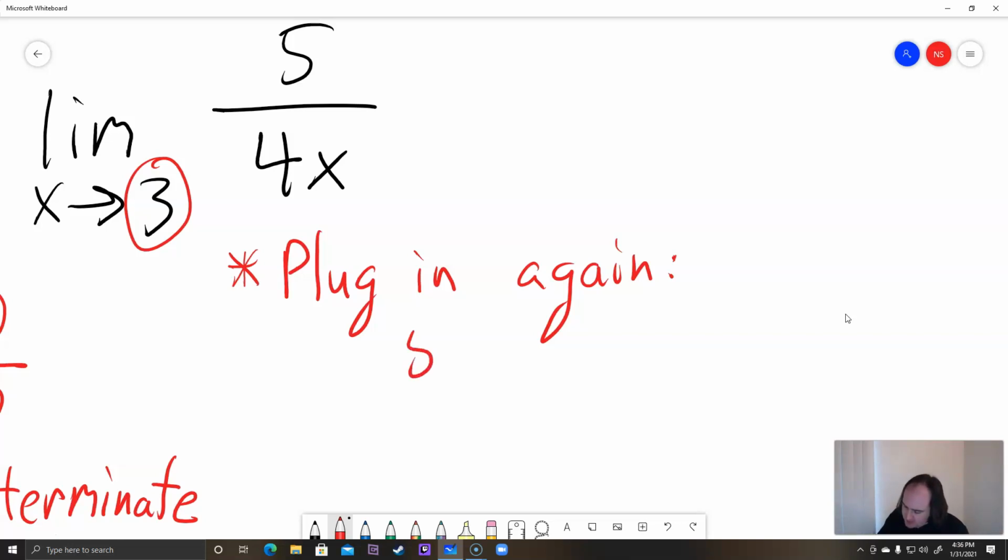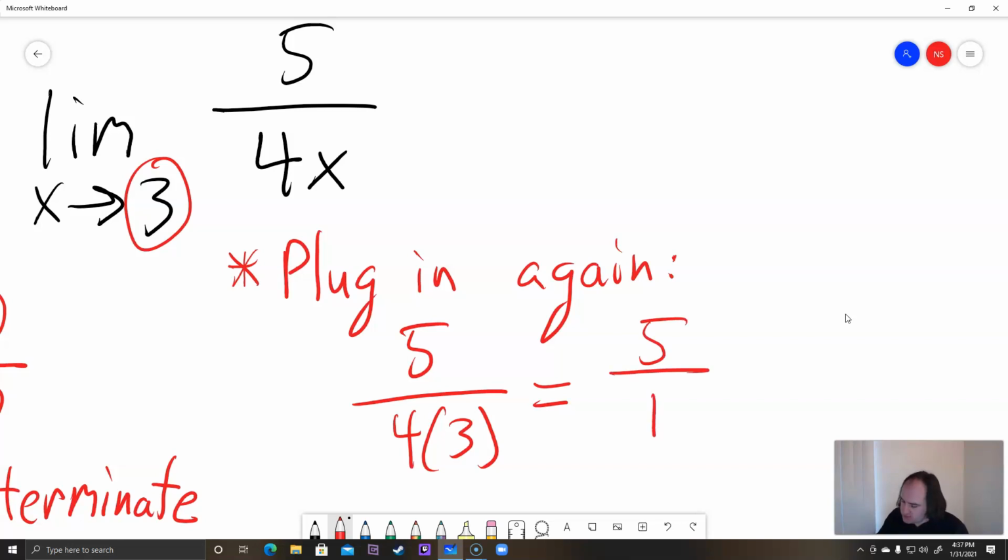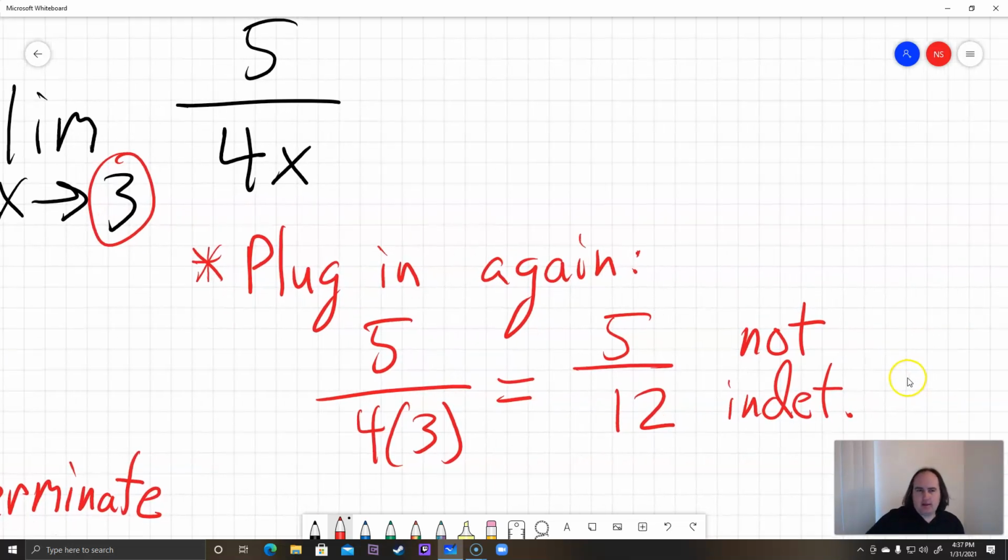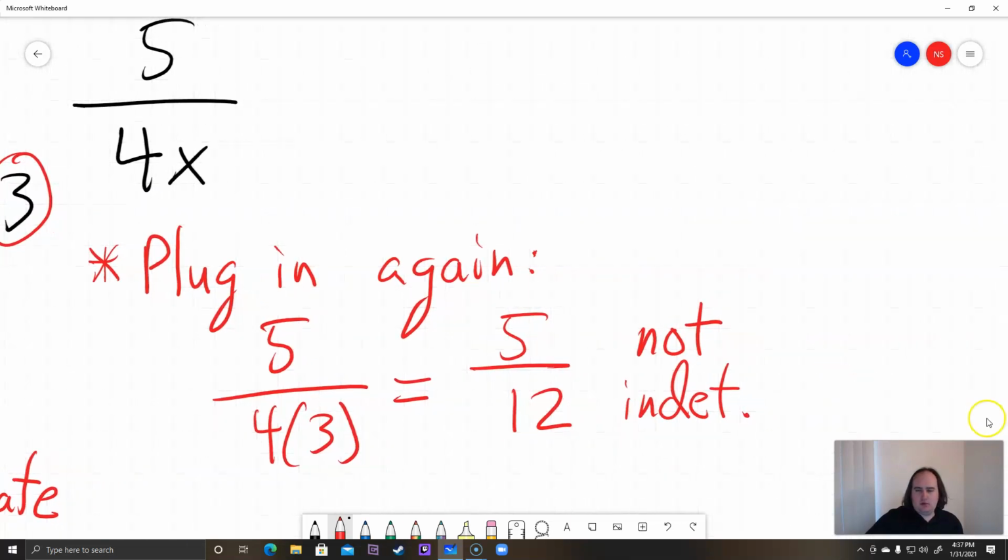So plugging in, we have 5 over 4 times 3, which is going to be 5 over 12. So 5/12. This is not indeterminate. I'm just going to write indet. Well, I could write a little bit more. I can write it over here.